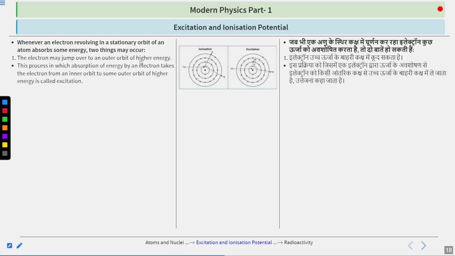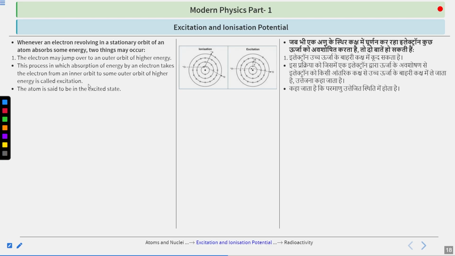This process, in which absorption of energy by an electron takes it from an inner orbit to some outer orbit of higher energy, is what we call excitation.